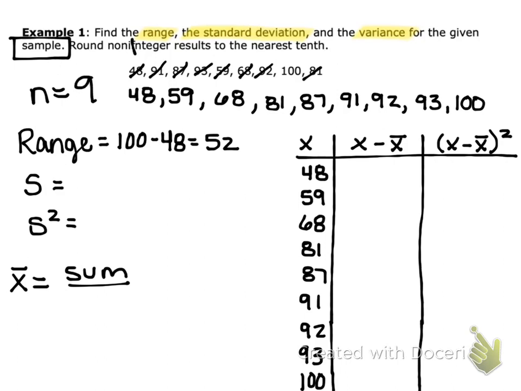So n is 9. So the sum divided by 9. When we add all of those numbers up, we end up with 719. We're going to divide that by 9 for a mean, rounded to the tenth place, of 79.9.